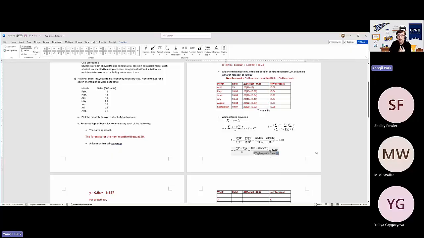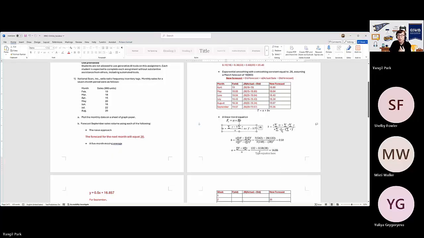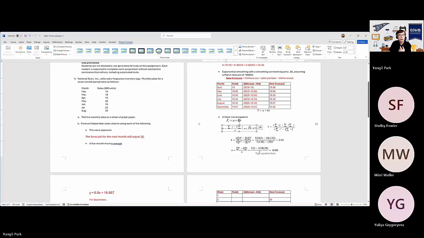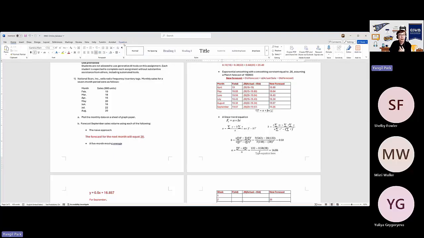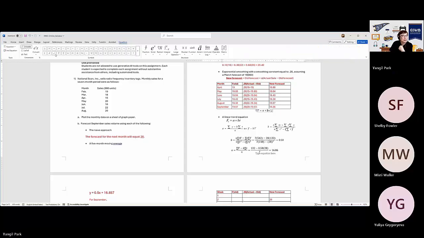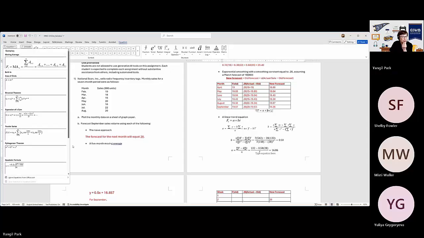Let's see where you can save it to. Let me bring up my equation. There you go. Equation, where is the save option? Equation, save. I think I just lost it.